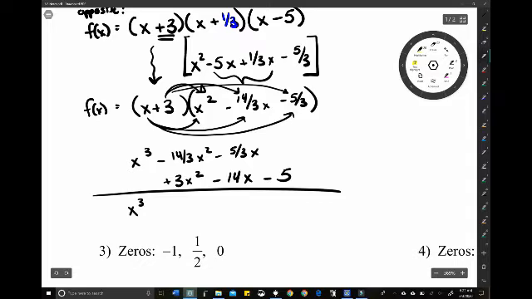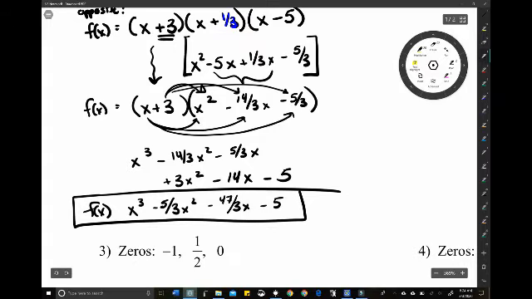Adding everything together, x to the third, -14/3 plus 3 is -5/3, -5/3 x, minus 14, -15, -47/3, and then minus 5. So that is our function that goes through all those zeros.